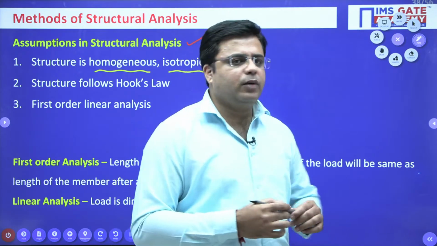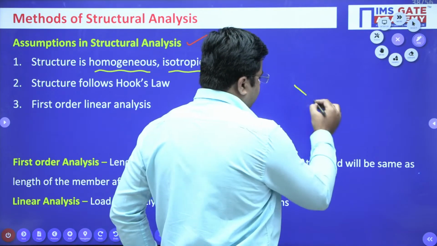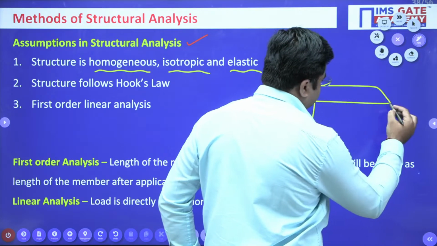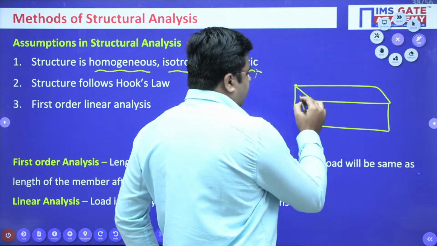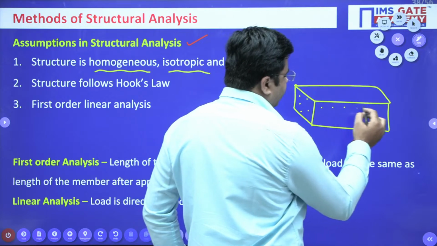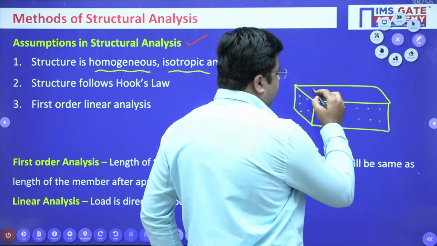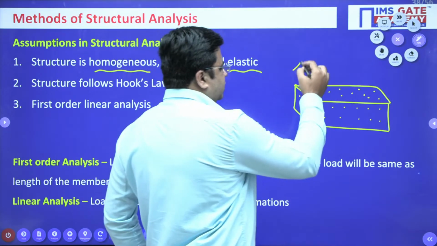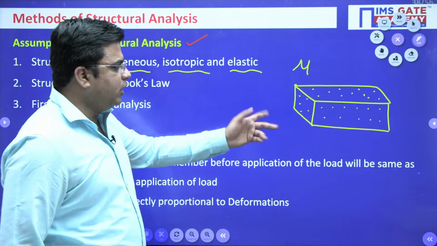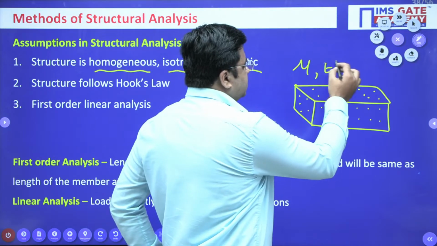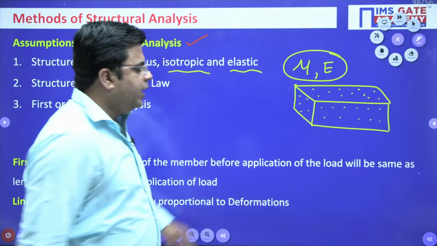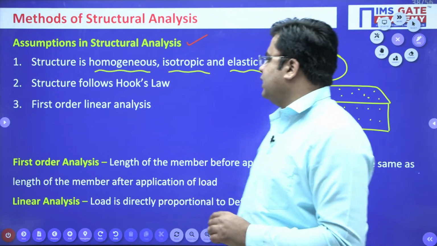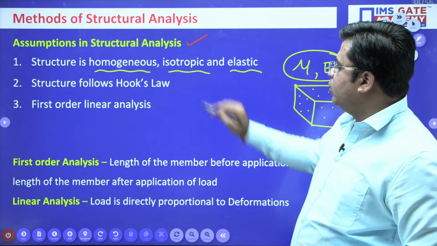If I consider a material like this, at every point of the material, if the properties of the material are fixed or constant, it may be Poisson's ratio, it may be refractive index, it may be modulus of elasticity E. So, if all these properties of the material are same at all the points within a material, then that material is known as, or that structure is known as, homogeneous and isotropic structure.